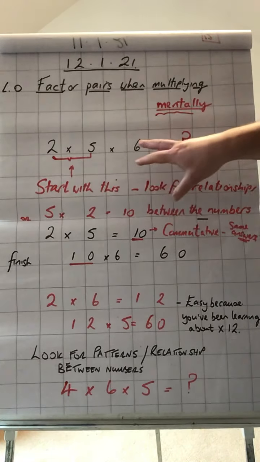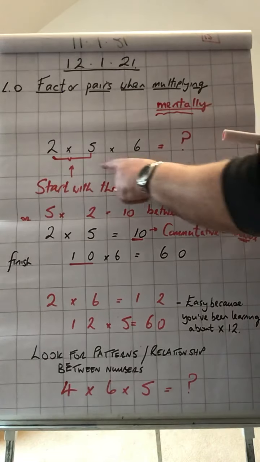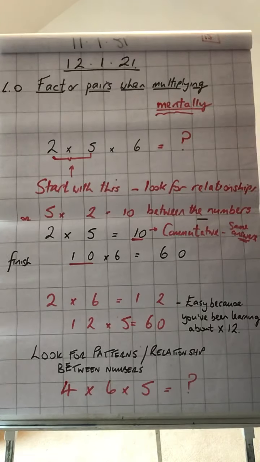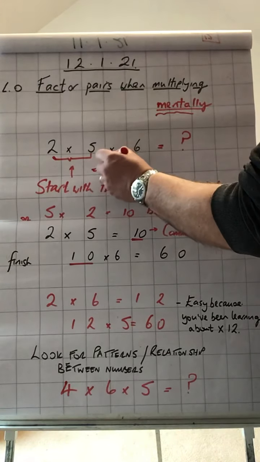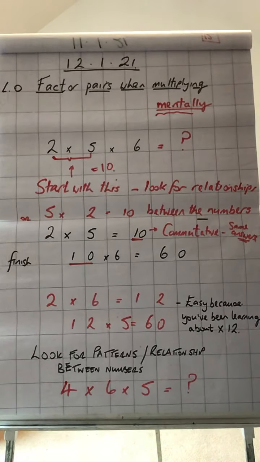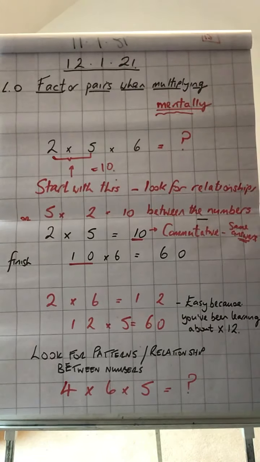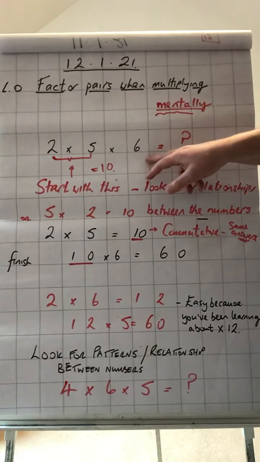If I look at those three numbers, I'm naturally drawn to the number 2 and the number 5, because when you multiply them together, you know that it makes a lovely 10. And then when you multiply 10 by any number, it's a lot easier than multiplying any other number. So you're looking at pairs of numbers that fit really well together when they are multiplied.